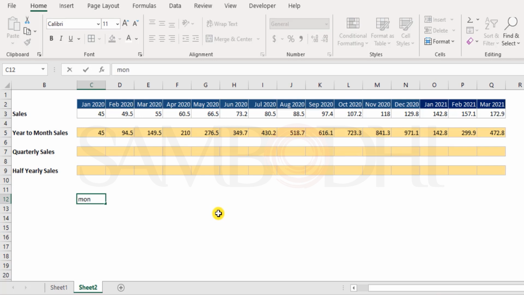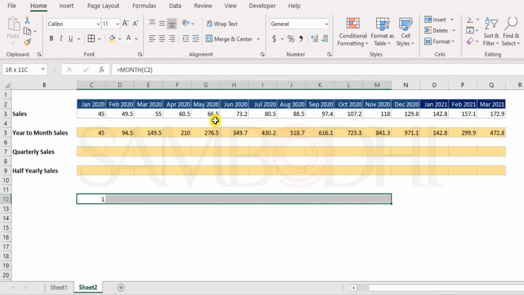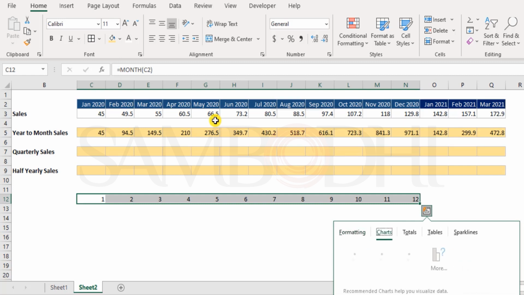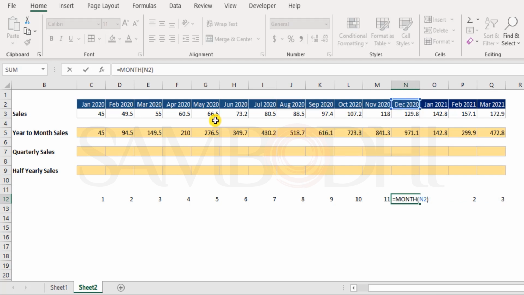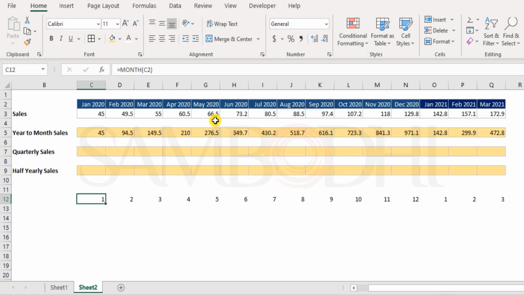Let me show you. We have the month and the current date, close the bracket. You see, it's 1. Now, what if I were to select this further? Well, this is obvious, isn't it? So we are getting the month number for each of these months, and that's perfectly fine.